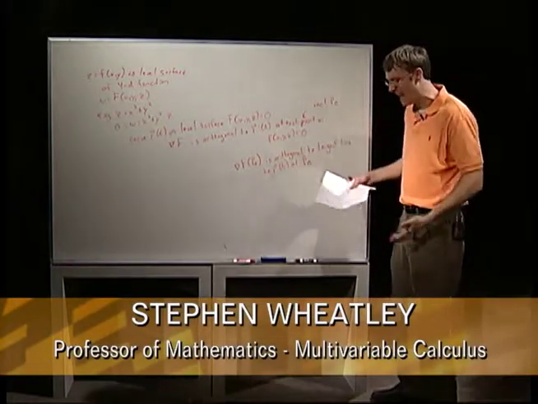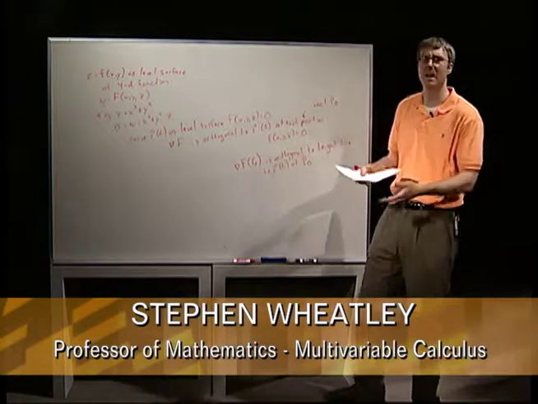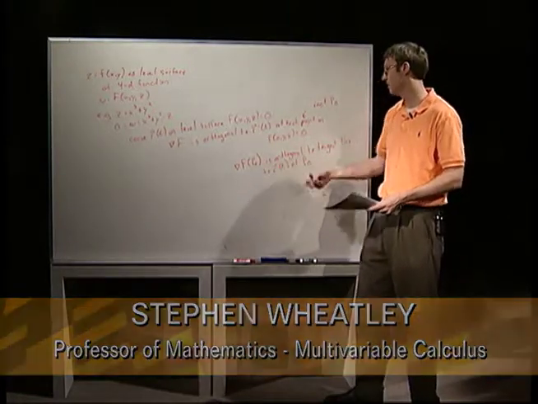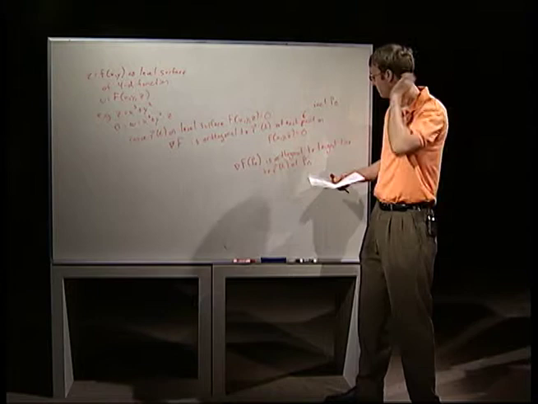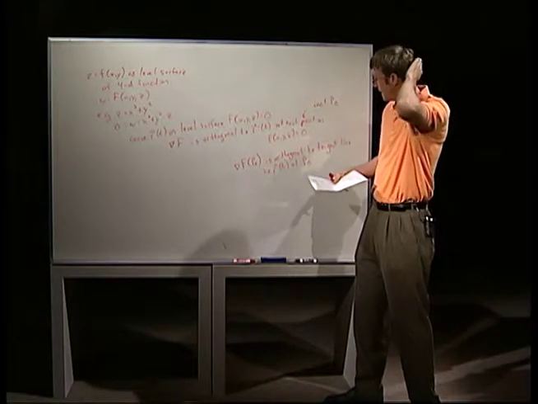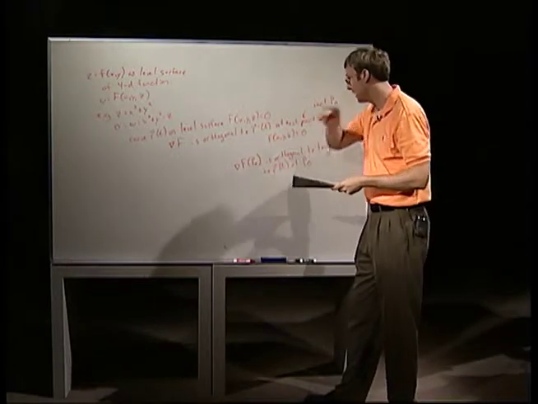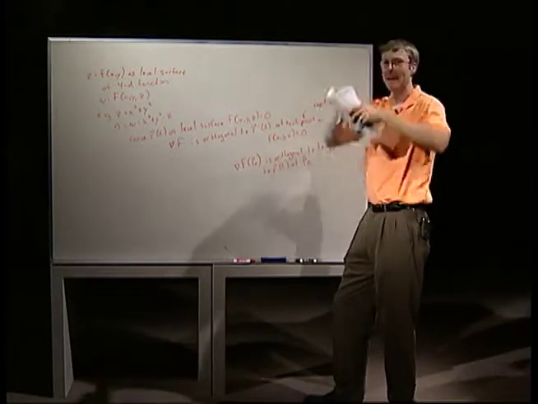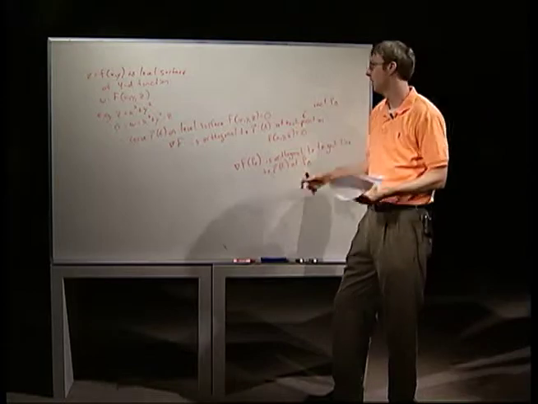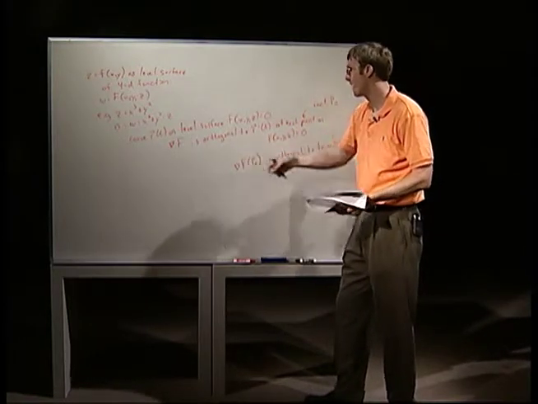The tangent plane contains all the tangent lines to these space curves that hit p naught, right? So if the gradient is orthogonal to the tangent line, and the tangent lines make up this plane, this guy is the appropriate normal vector.